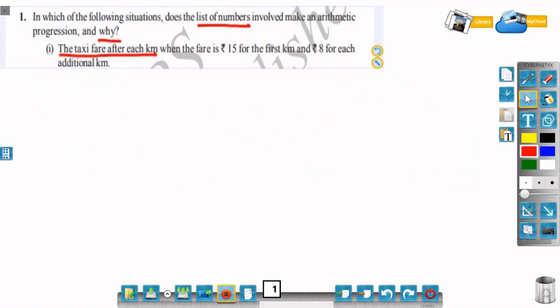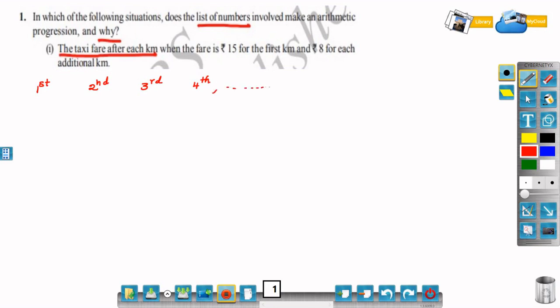Now, you have to write the taxi fare for the first kilometer, then for the second kilometer, then for the third kilometer, and then for the fourth kilometer, and so on.